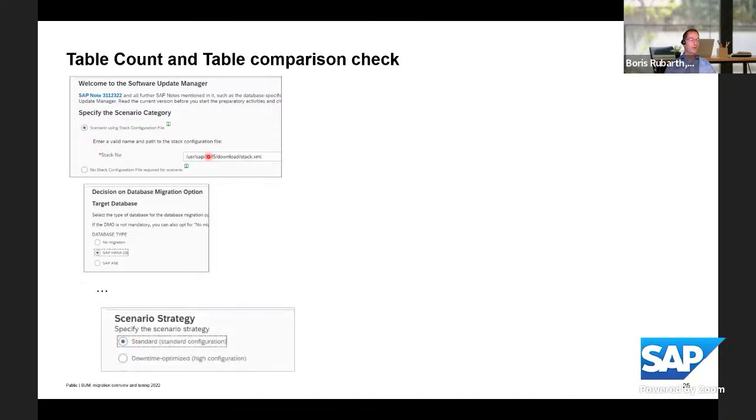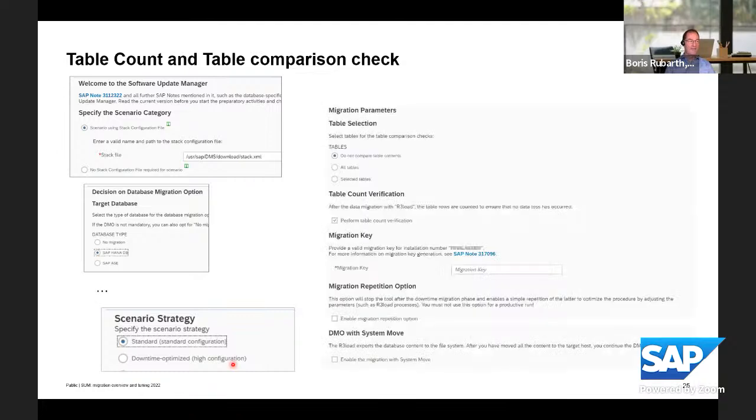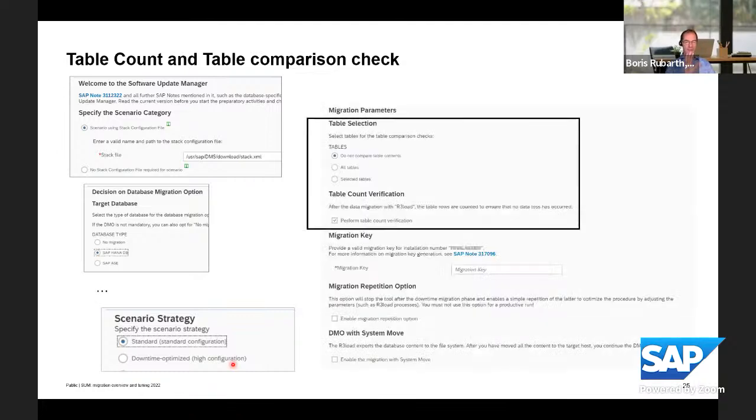There's one dialog in between that I skip, and then there is the scenario strategy where you can decide whether to go for the standard approach that I'm focusing on here, or on downtime optimized migration that will be shown on the next slide.